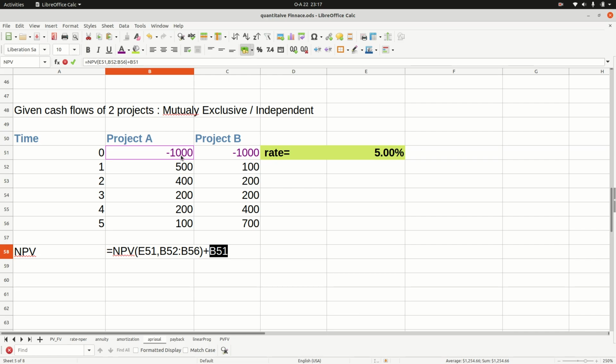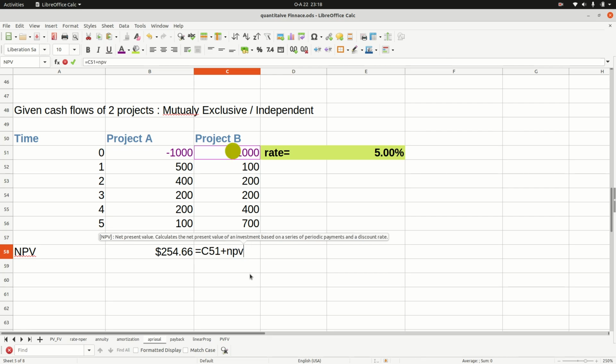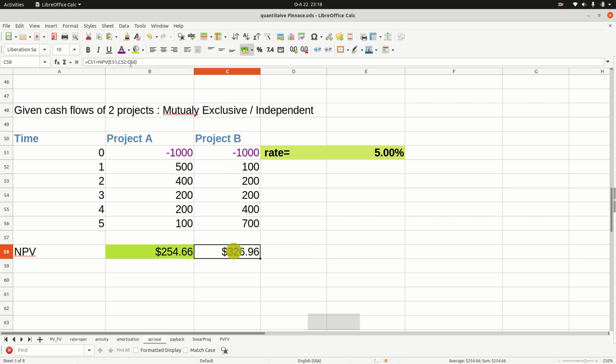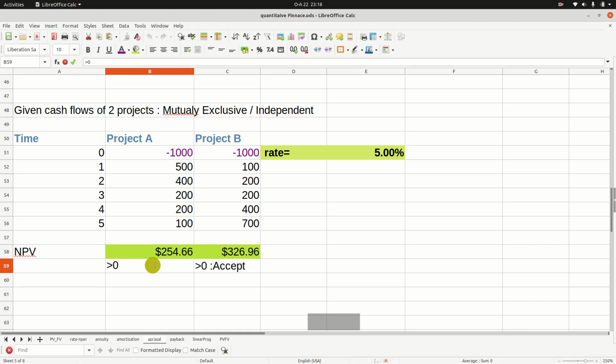So that is 245, and this is equal to, I want to pick this first one, plus NPV, in brackets the rate, comma, all the other values here. So look at the difference in the values. Since they are all greater than 0, this is greater than 0, this is also greater than 0, so we must accept the project. But then we want to give some extra conditions.